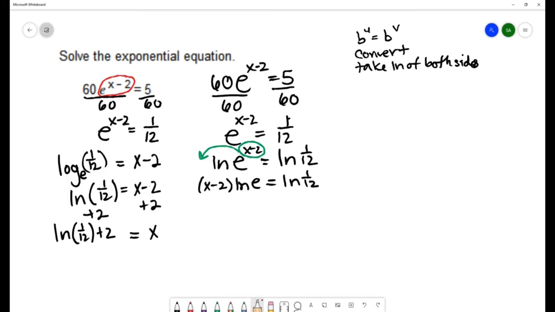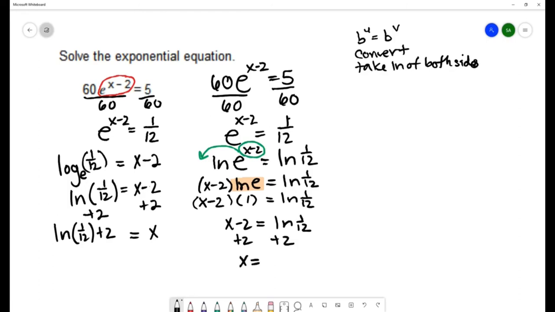Now natural log e is equal to 1. So this is x minus 2 times 1 equals natural log of 1/12, and that's x minus 2 equals natural log of 1/12. Once again, we have to get x by itself, so we would add 2 to both sides, and that gives x equals 2 plus natural log of 1/12.